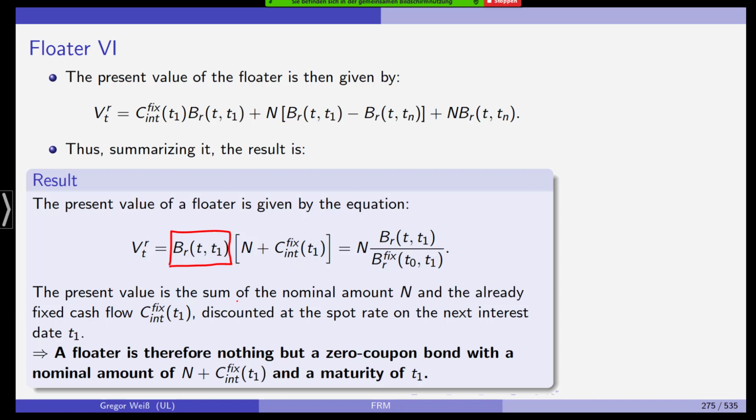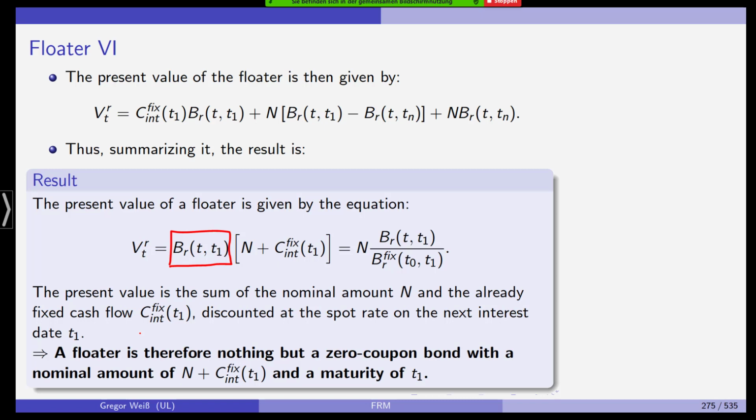So present value is the sum of the nominal amount N and the already fixed cash flow discounted at the spot rate on the next interest rate T1. So one can see that actually a floater is nothing but a zero coupon bond with a nominal amount of N plus the fixed payment and a maturity of 1 period, or T1, when the first fixing takes place and the first payout for the fixing takes place.